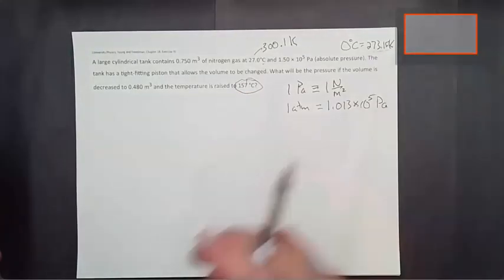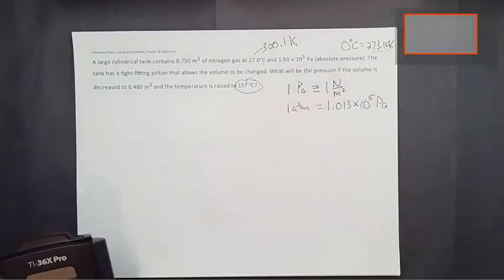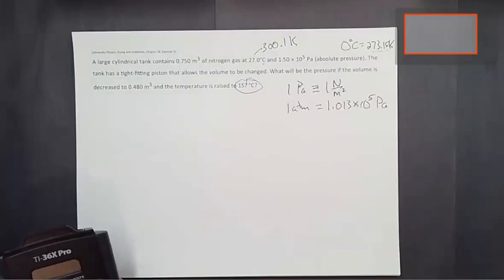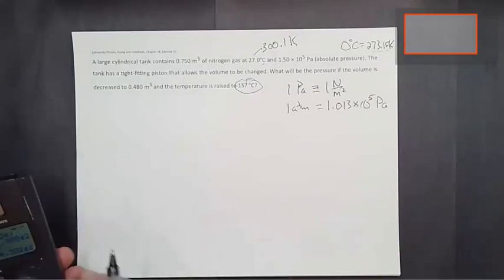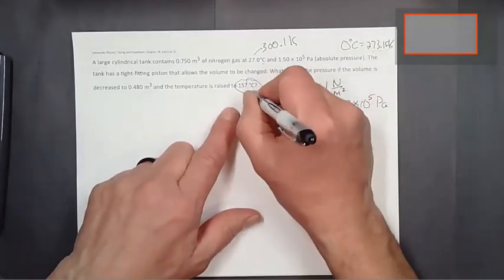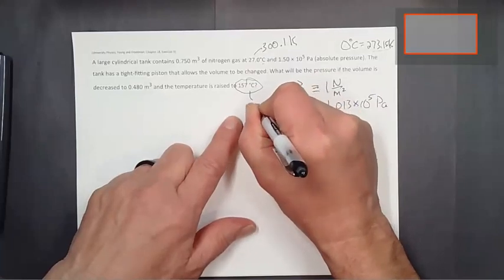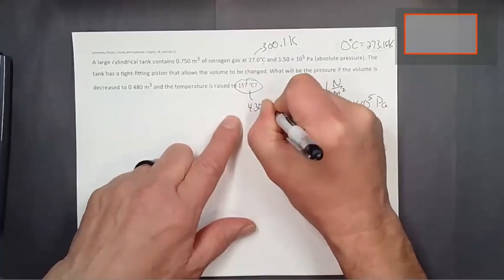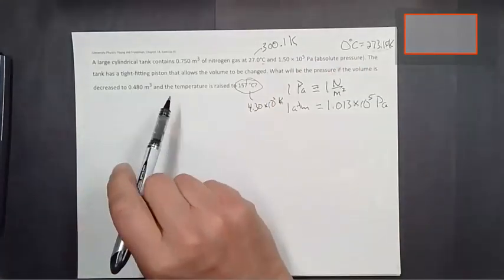The 157, I don't trust myself to get that right, so 273 plus 157. And we're only going to be good to the nearest degree Kelvin, actually. So 4.30 times 10 squared Kelvin is that final temperature.